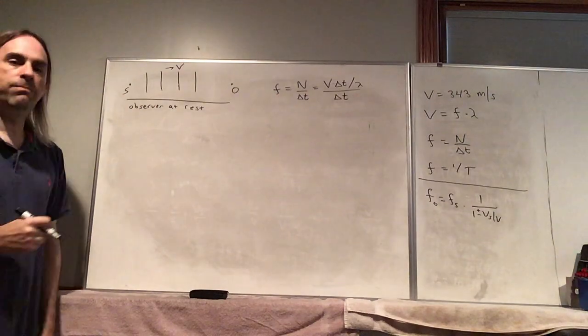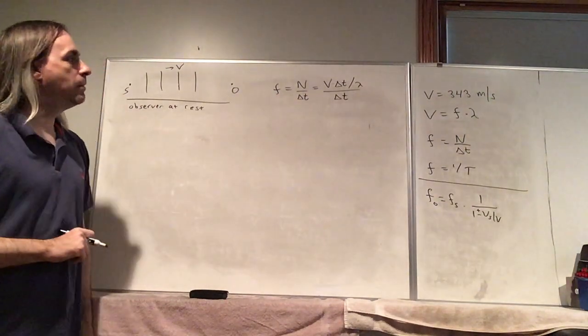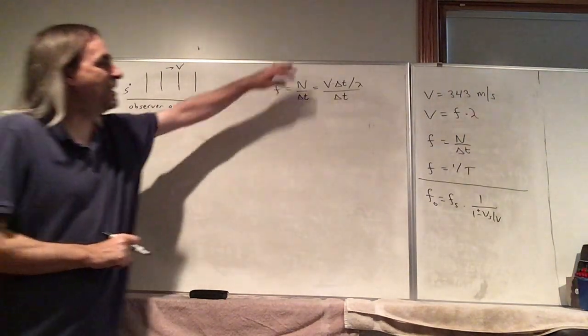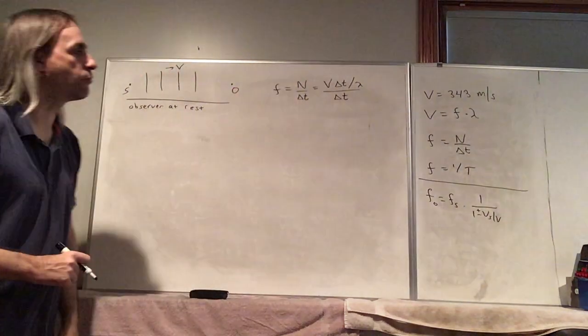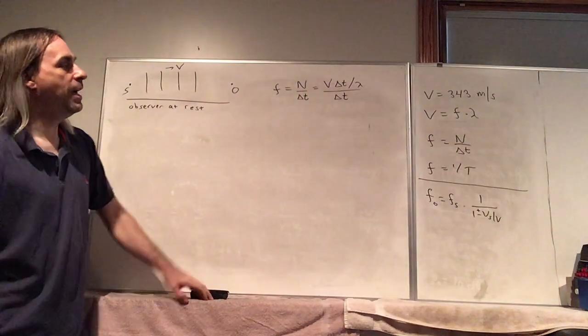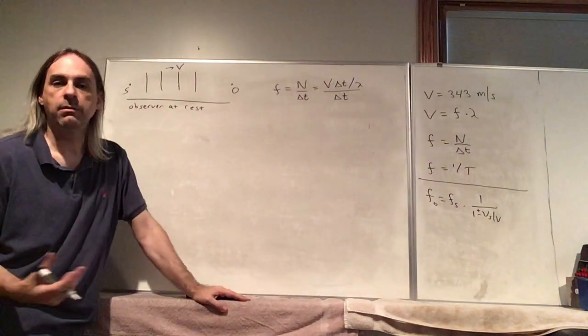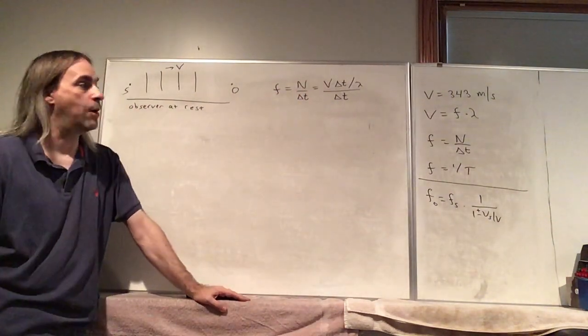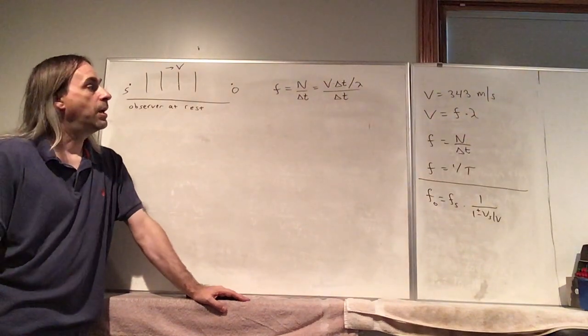If the distance is 10 meters and the wavelength is 1 meter, we count 10 wavefronts.